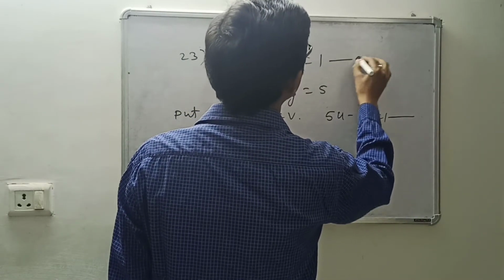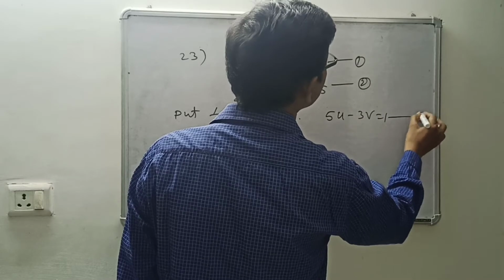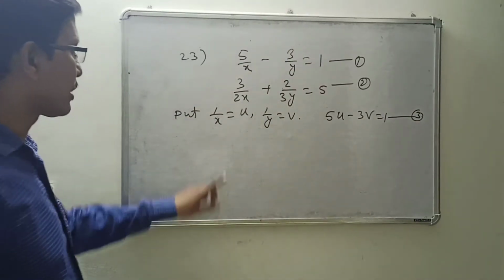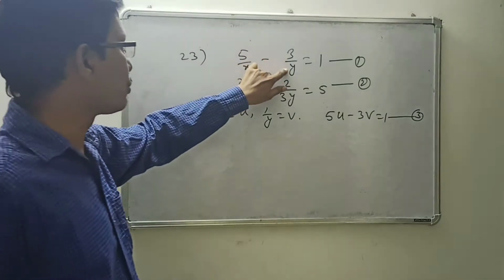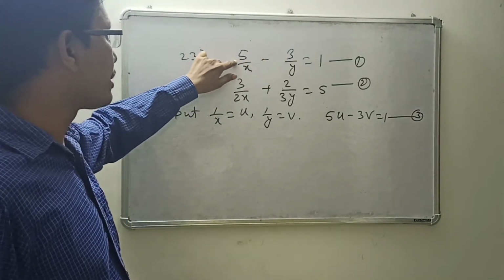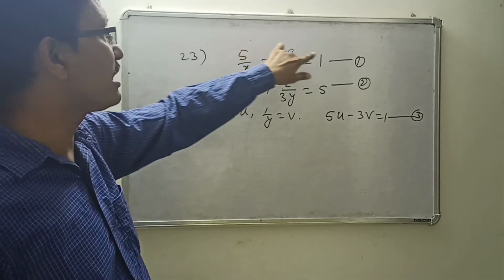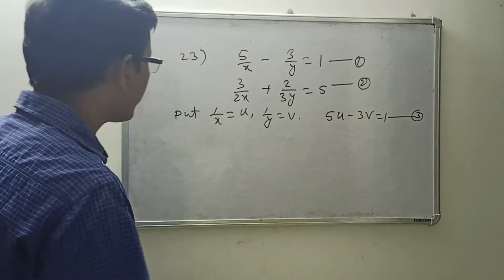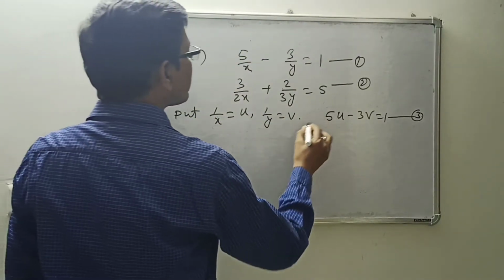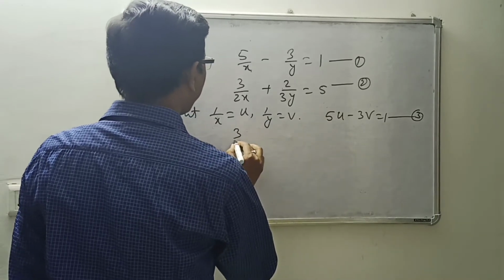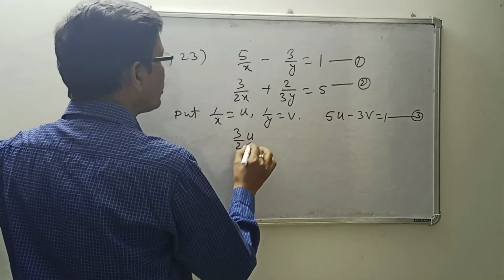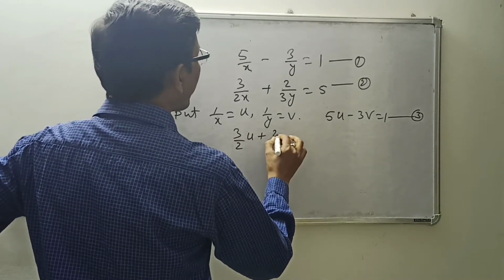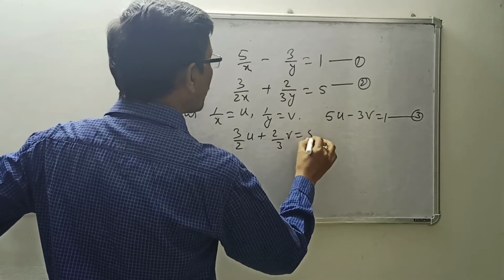Are you getting this one? 1 by x equal to u, 1 by y equal to v. So 5 by x is 5u, minus 3v equal to 1. Similarly here you are getting 3 by 2, but 1 by x means u, so 3u by 2 plus 2 by 3v equal to 5.